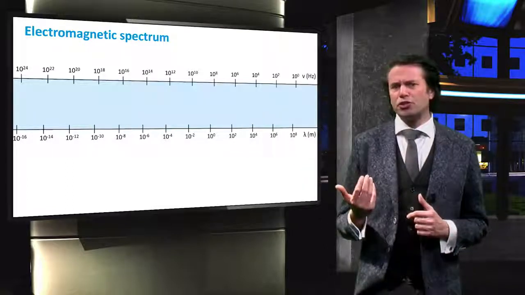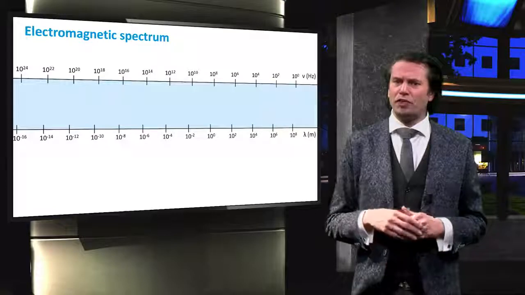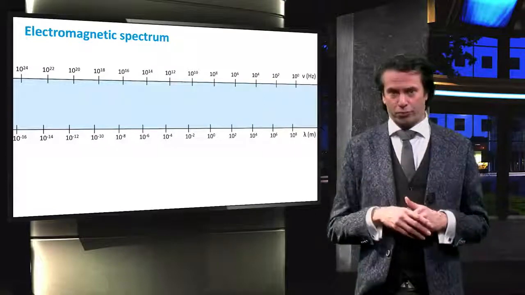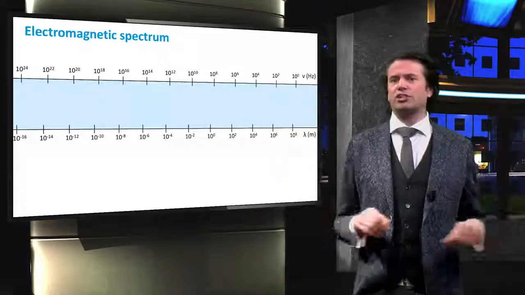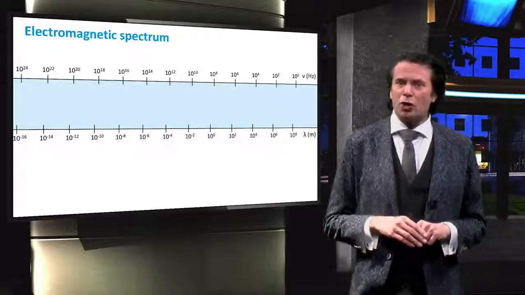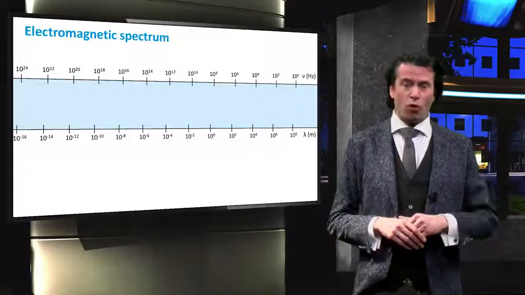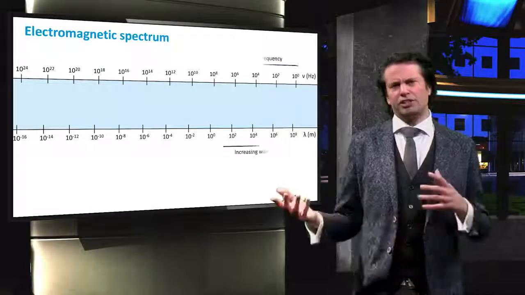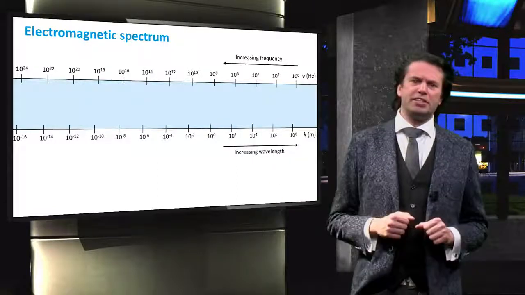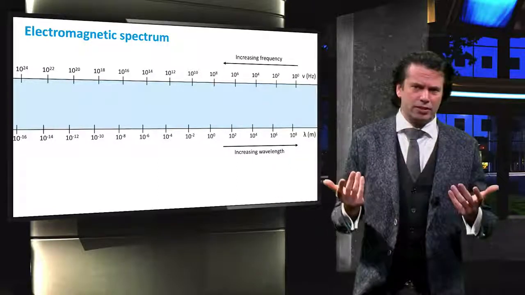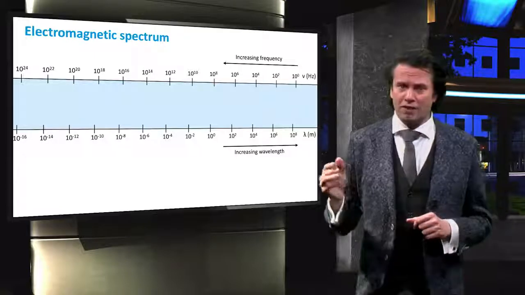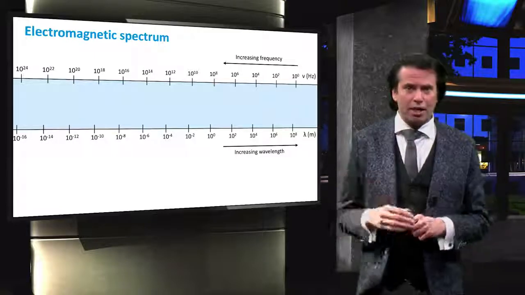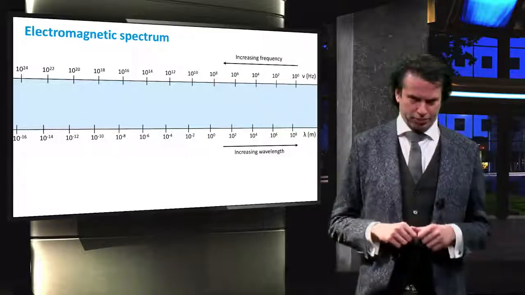We also introduce an axis for the frequency, for which we use the speed of light in vacuum. The frequency axis ranges from 1 Hz to about 10 to the power 24 Hz. Since both wave properties are inversely related, the arrows of increasing wavelength and frequency are pointed in opposite directions.